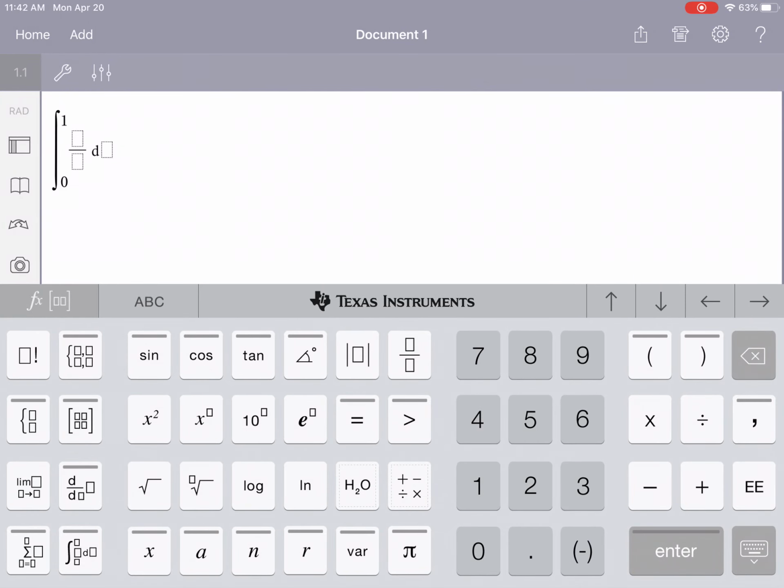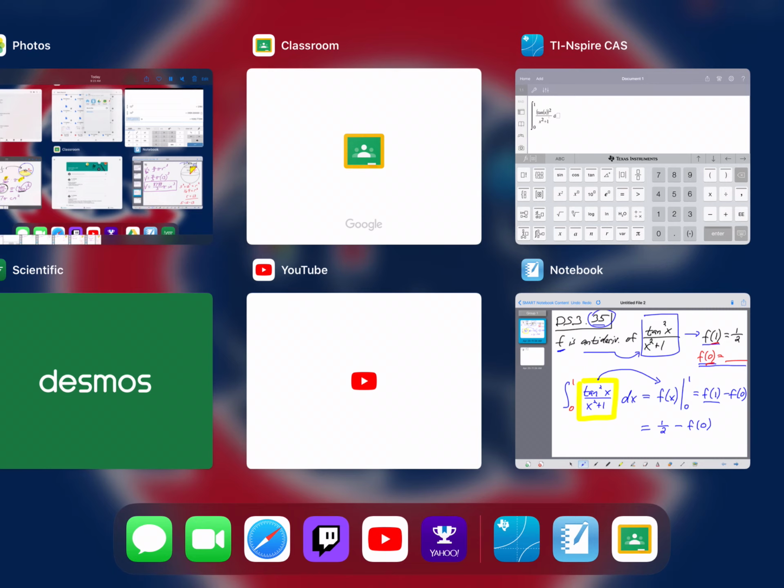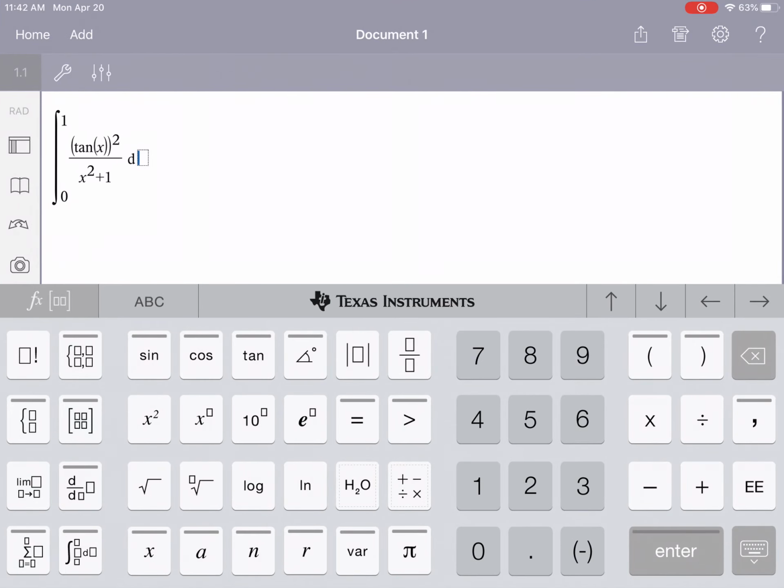To do tangent squared, we've got to break that up and go tangent of x, close the tangent, and square all of that, all over on the bottom, an x squared plus 1. Let me double check that. Yep, got it. And we're going to do all of that with respect to x.